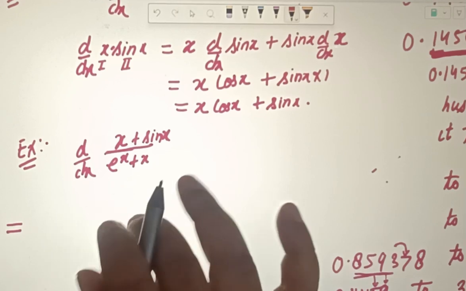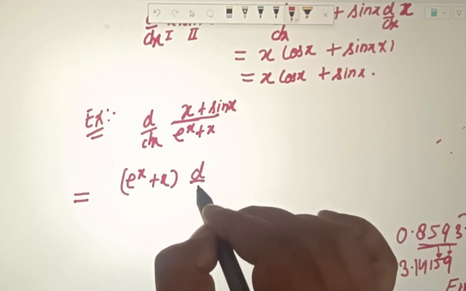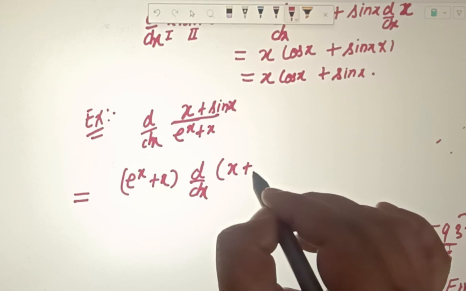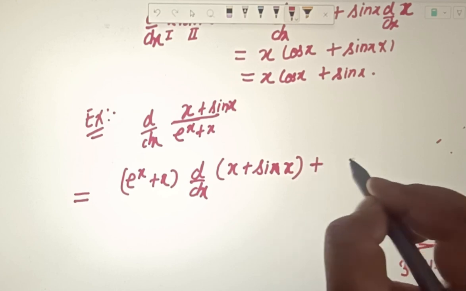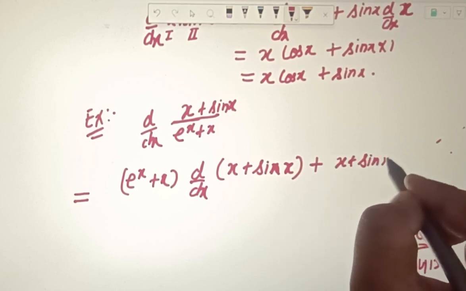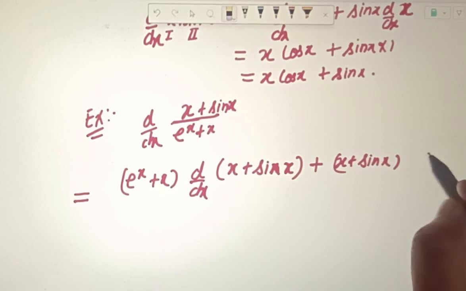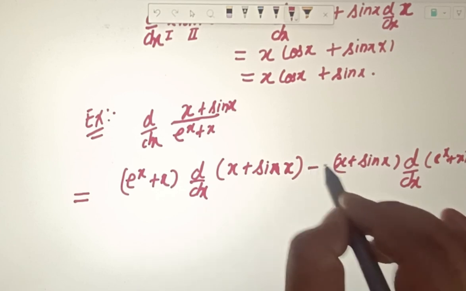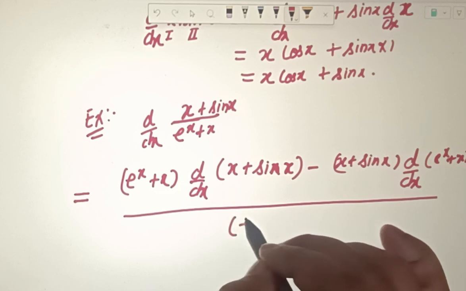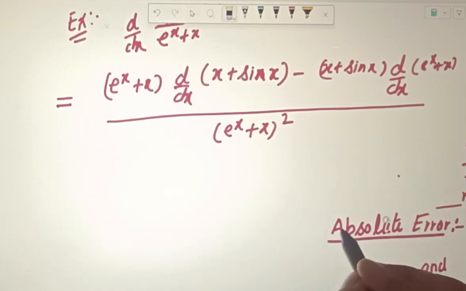So simply here I am going to write the denominator as it is first, then the derivative of the numerator, x plus sin x, and then minus the numerator as it is, times the derivative of the denominator e to the power x plus x, and then divided by e to the power x plus x, the whole squared. So what are these computations?